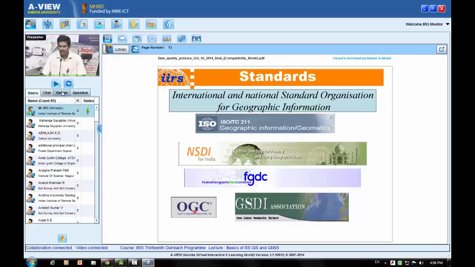When you talk about software products like ArcGIS, Erdas, PCI Geomatica, AutoCAD, MapInfo, all this software generates products and gives them to you.